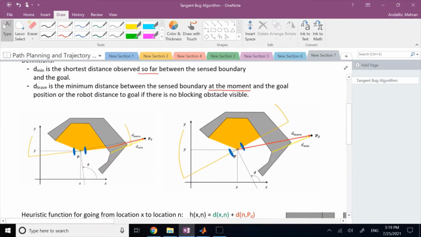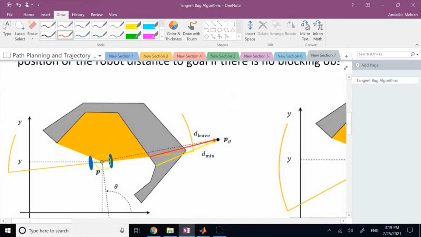So if you look here, this is my robot. This guy here in yellow is all the robot can scan. So this is the boundary that it can sense. Along this boundary, there is one point that has a minimal distance to the goal, and that is this point. So this distance is going to be d leave.